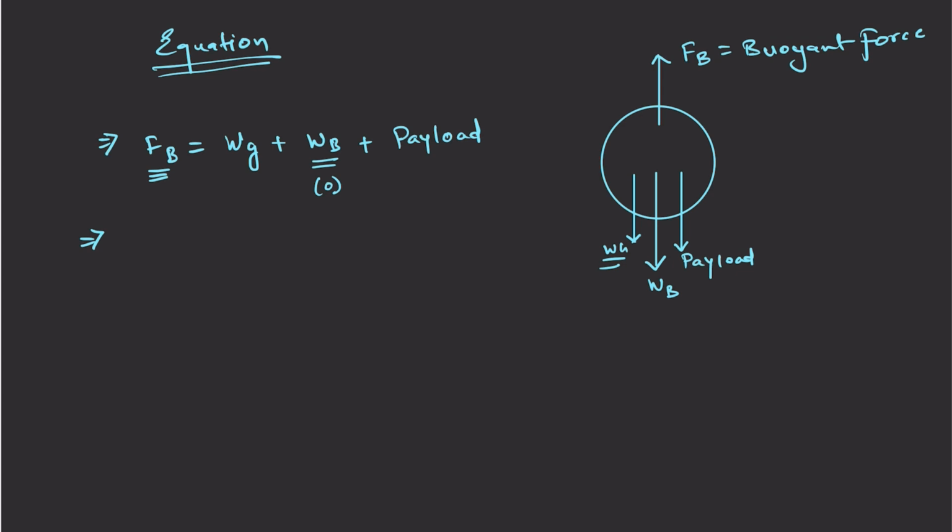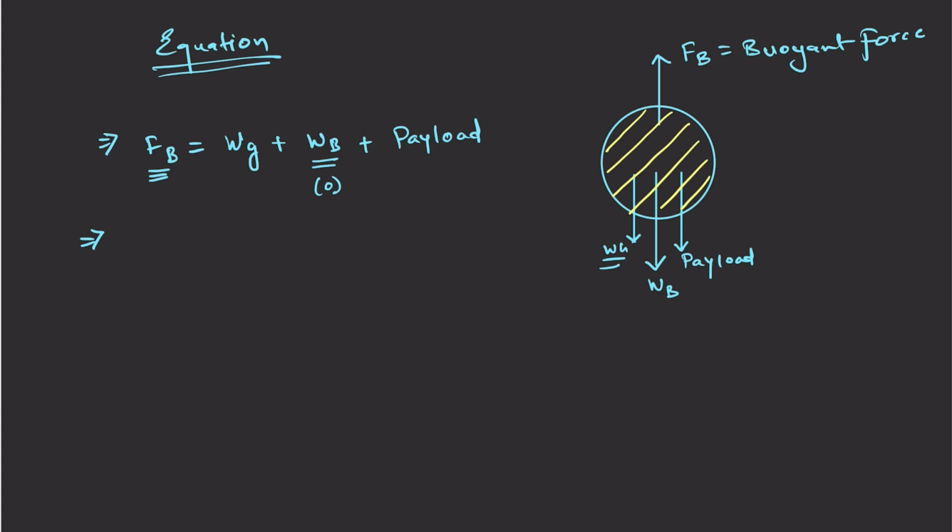Now we have seen in the concept of buoyancy that buoyant force will be equal to the weight of the fluid displaced. In this case, the fluid is air. So how much fluid is being displaced will be equal to the volume of this balloon itself.